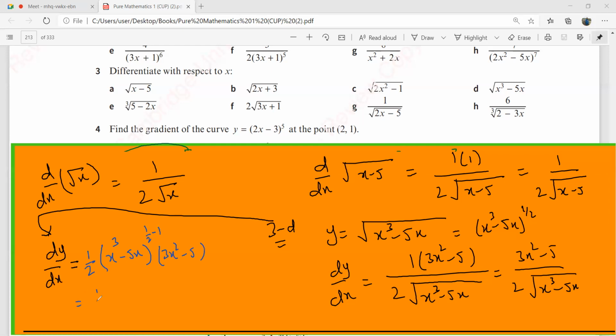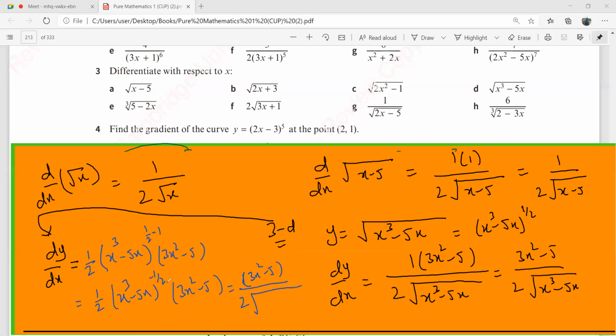So you will see that this is going to be half into x cube minus 5x to the power minus half into 3x squared minus 5. And if you move this down in the denominator, this would be half into, and let me keep this 3x squared minus 5 in the numerator.